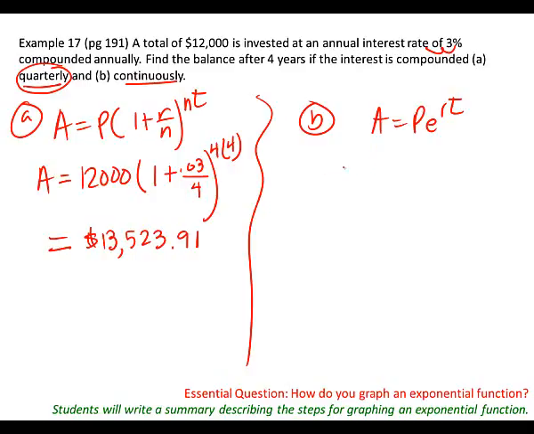All right, let's talk about this next one here. So now I'm going to go continuous. I'm using a slightly different formula. So A equals, what's my principal again? 12,000. And remember, e is the button in your calculator. That's a number. What am I going to write for my rate? 0.03 again. And then my time is 4. All right, put that in.